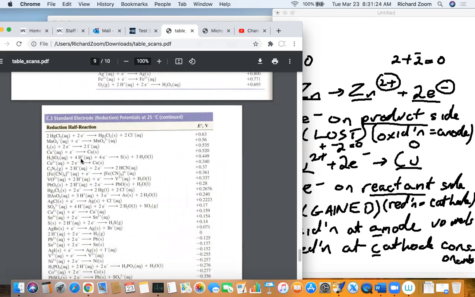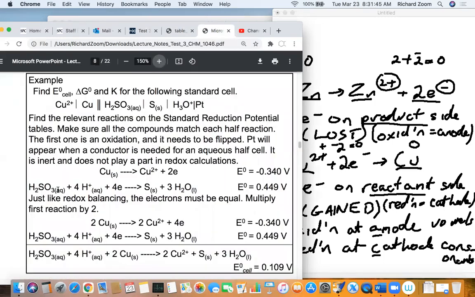Now I want you to remember, as we talked about with test 2, whenever you see H plus or H3O plus, they're really the same thing, so they work interchangeably. So all I have to do now is copy this entire reaction along with its E naught, and I just leave it as it is because it's going to be a reduction process. And these are all reductions anyway. So I just take this reaction as it appeared on the table and copy it down. That's my second half reaction.